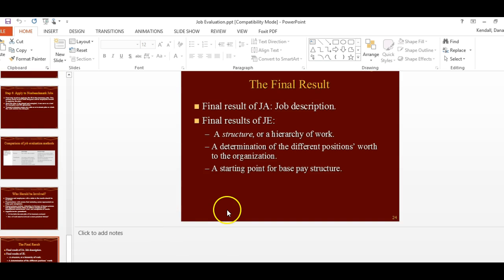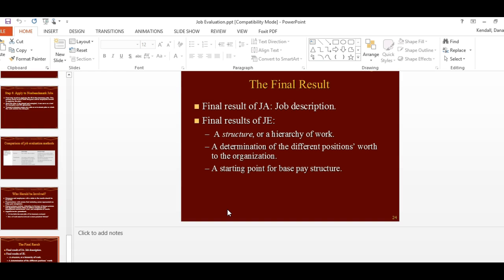So, all right, the final result of job analysis is we get a job description. And we get those task statements, we get a list of skills that are needed by the incumbent who comes into this role. Those are the results of a JA. But the results of a JE are slightly different. We get a structure or hierarchy of the work. We get what is more valuable to the org versus less valuable. We get a determination of different positions' worth to the organization.